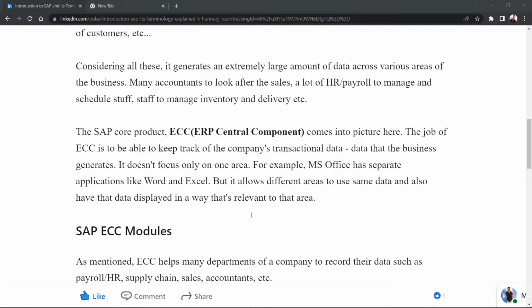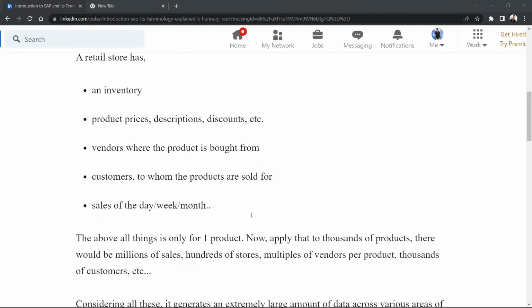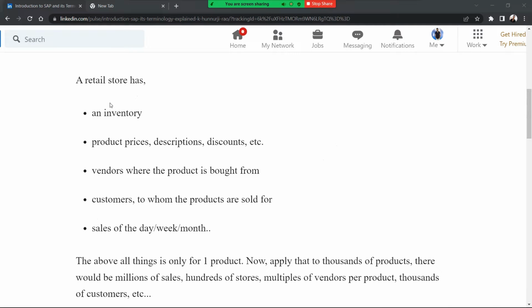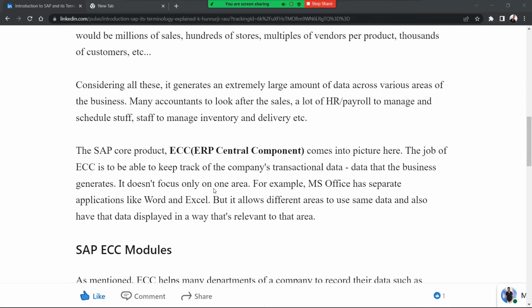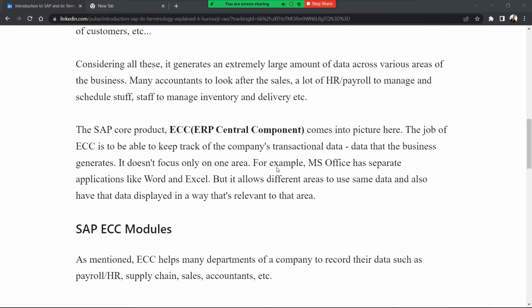In the retail store example, we have seen that a lot of data is generated. This ECC will be keeping track of all this data. That is the main core job of ECC, SAP's core product, the Enterprise Resource Planning Central Component.